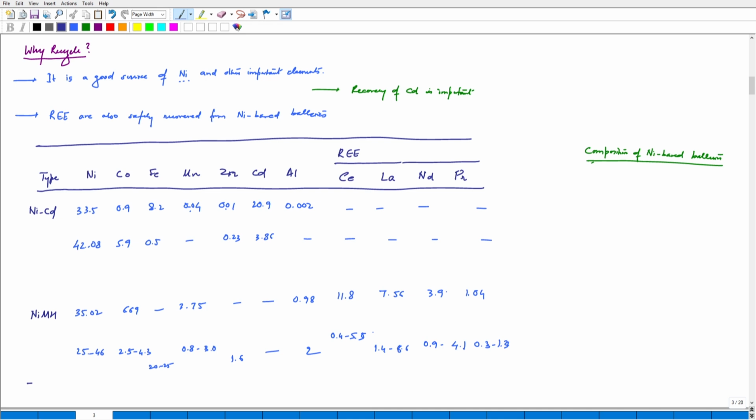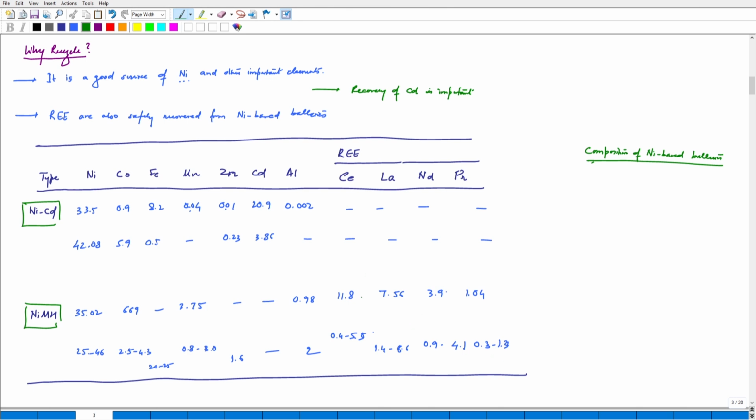And this means that we have a wide range of composition, and this tells us that the composition can vary based on not just the type of batteries, but also within the type of battery it can depend upon different types of manufacturers and what is the average composition in each of the type of batteries.